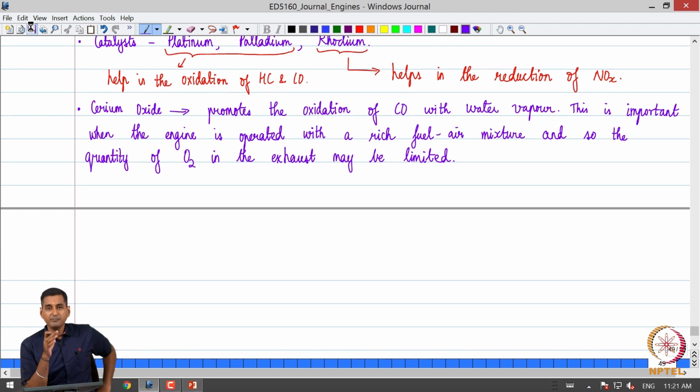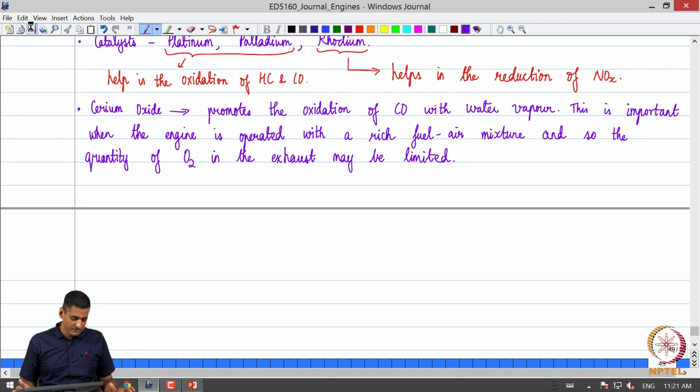One important aspect as far as the operation of the catalytic converter is that the air fuel ratio used in engines plays a very critical role in the efficiency of the overall conversion process.